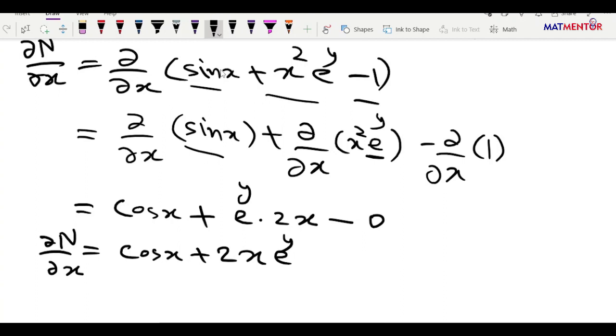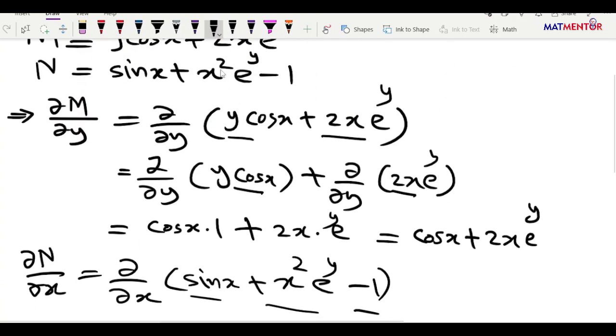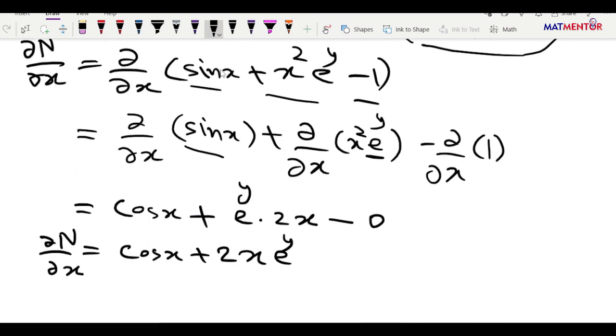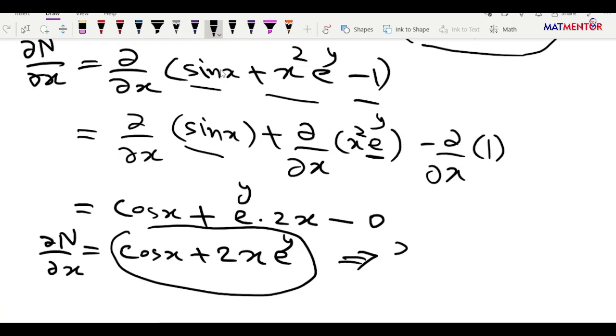So we can see that ∂M/∂y is cos x + 2x e^y, and ∂N/∂x is cos x + 2x e^y. So ∂M/∂y is equal to ∂N/∂x.